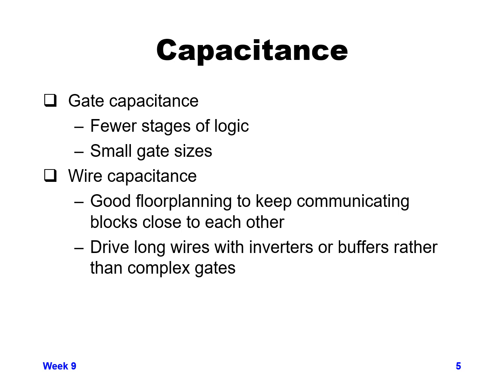And also, I think I've mentioned this in previous presentations, especially when we were talking about driving long wires. When you're driving long wires, if you do it with inverters where you just have a single NMOS and PMOS, you can make that NMOS and PMOS as small as possible to get whatever drive strength you need, rather than using a complex gate.